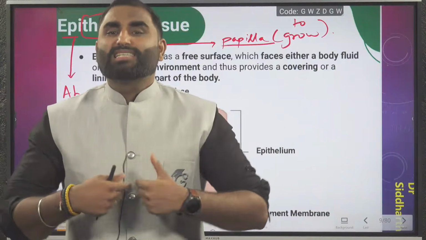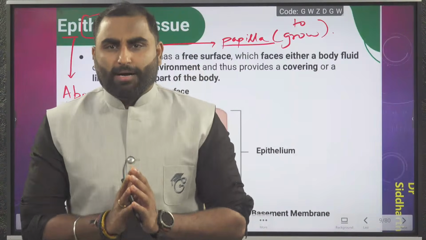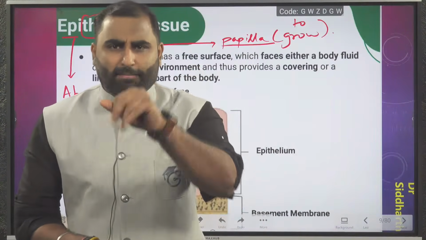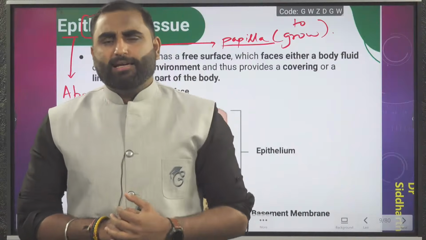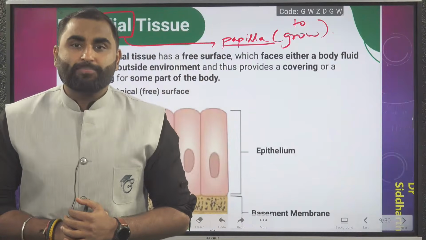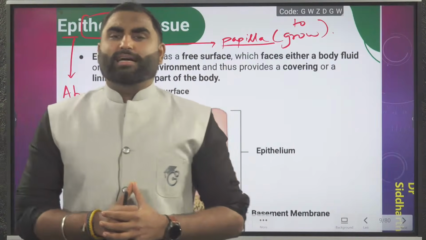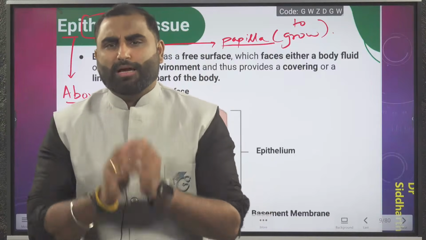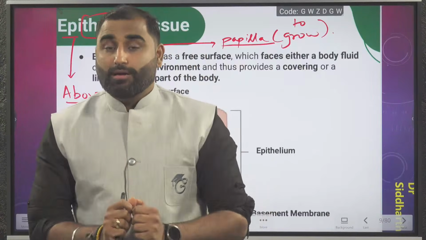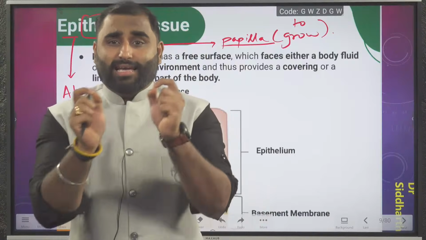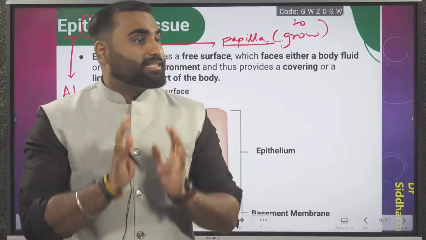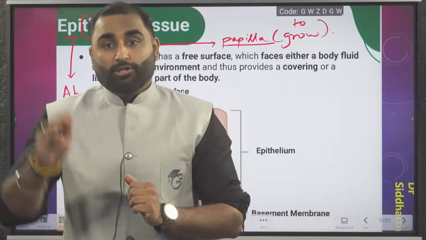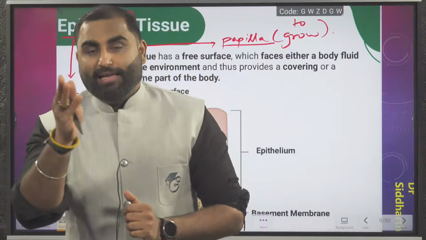For example, the stomach is lined by columnar epithelial cells, which we discussed in the last class. The fluid inside is normally mucus secretion. Your stomach is coated by mucus. During digestion, we secrete acidic gastric juice to digest the food, and at that time also, the epithelium is lining.